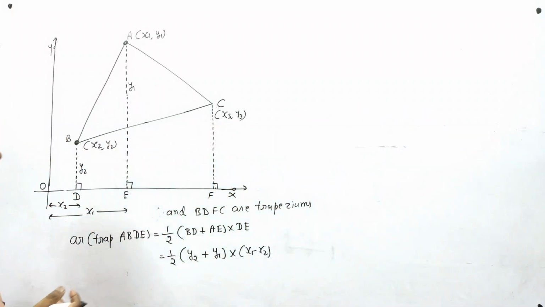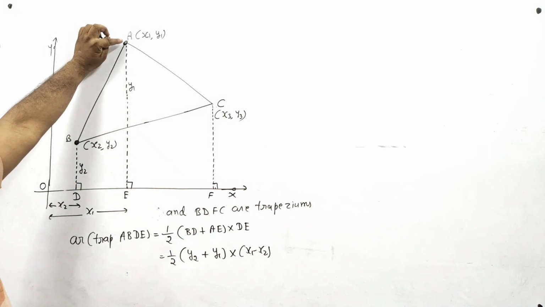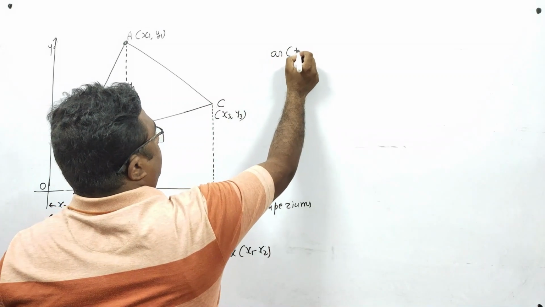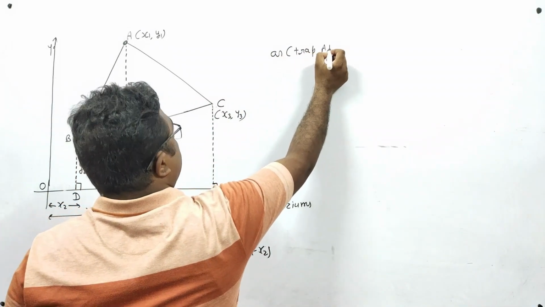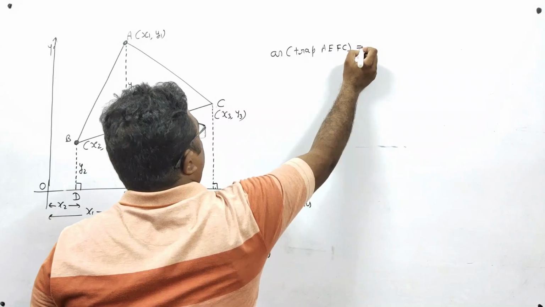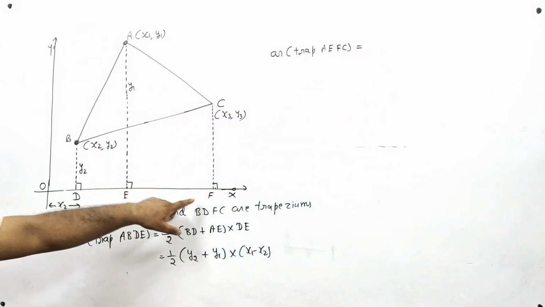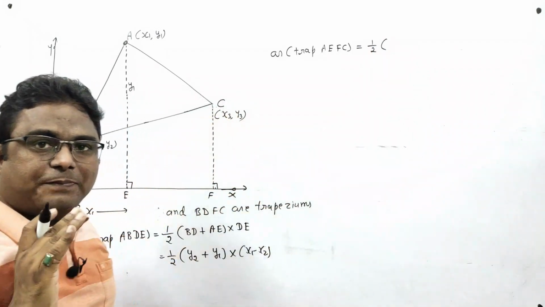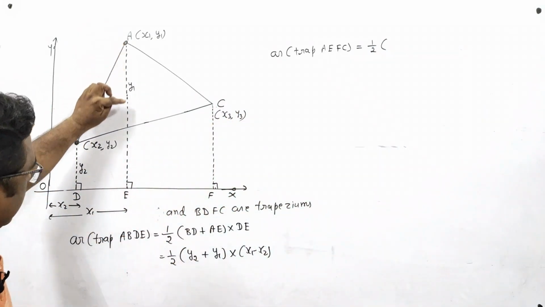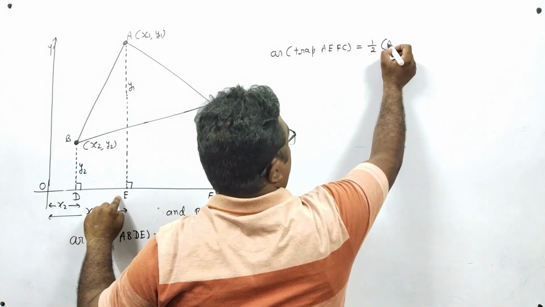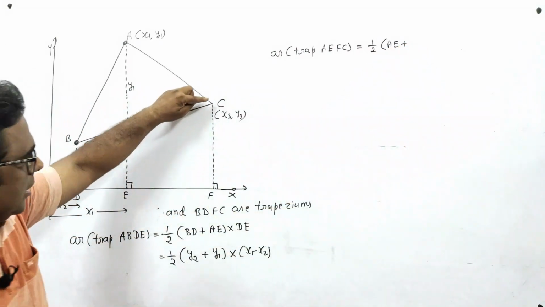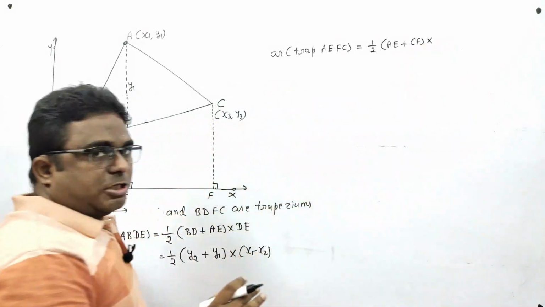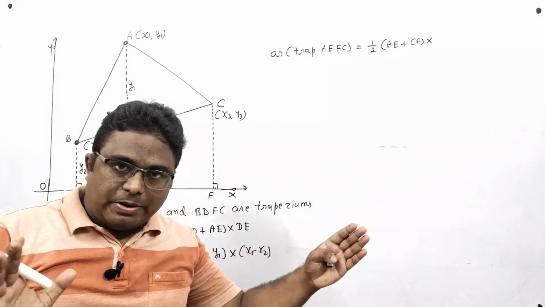Next thing, I will find out the area of the next trapezium. My next trapezium will be AEFC. So area of trapezium AEFC will be half into sum of parallel sides. So one parallel side is this AE, and the other parallel side is this CF, and height means the distance between the parallel sides.